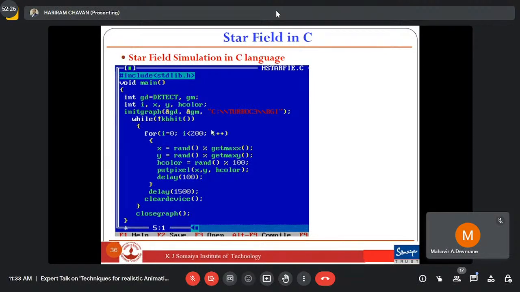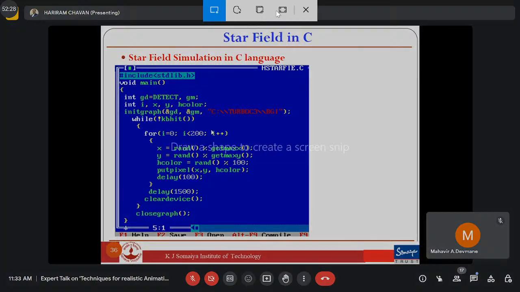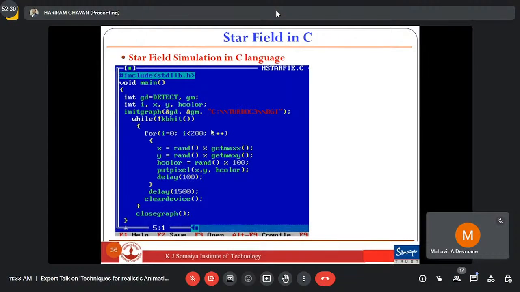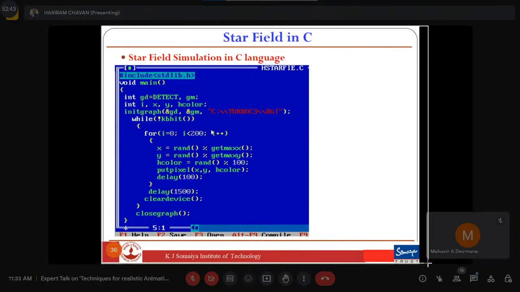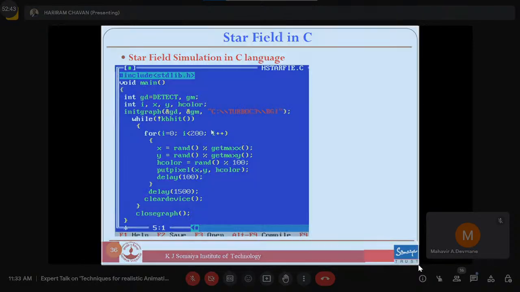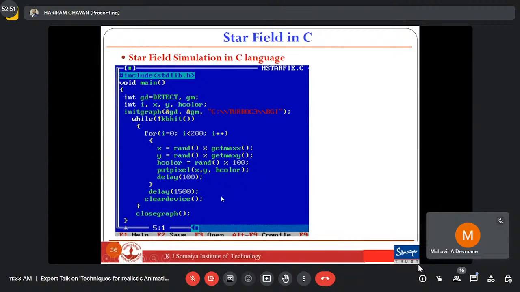So based on your resolution, you will get the maximum X value and maximum Y value, and you take the remainder of it, by which you will get distributed coordinates of your screen. And then I'm taking the pixel's third value, which is related to the color. So if I get the X coordinate, Y coordinate, and the color of the pixel, I can use the putpixel function to display it.